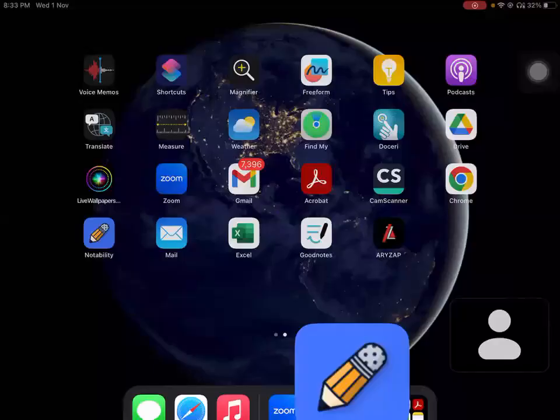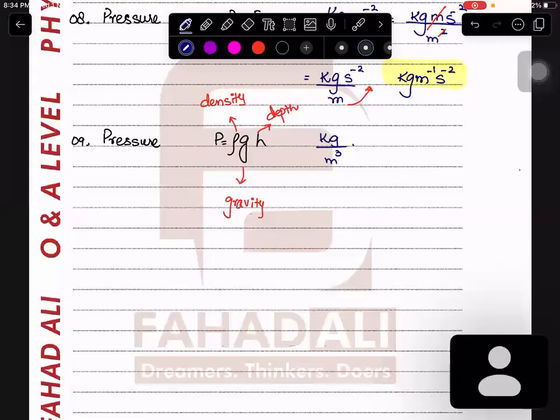Okay. The density is given by kilogram per meter cube. The gravity is meter per second square and the depth is meter. So if we simplify this, this will become kilogram meter square over meter cube second square. So simplifying this will give me this thing.